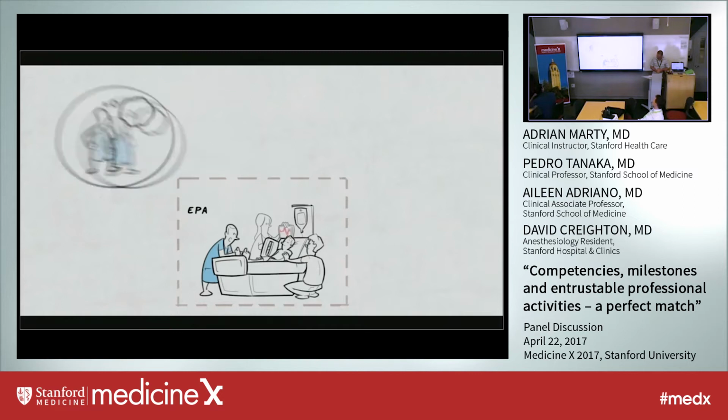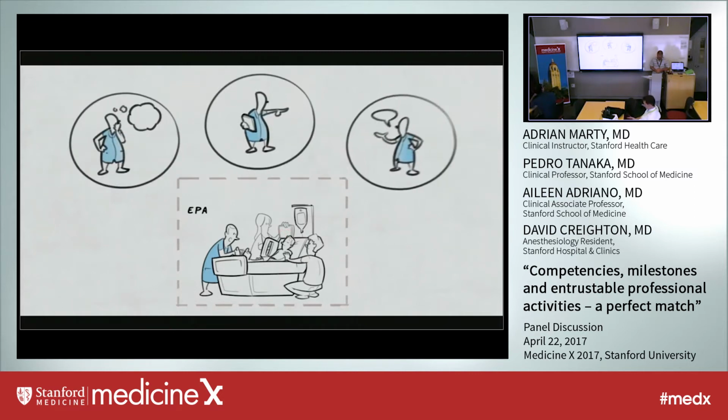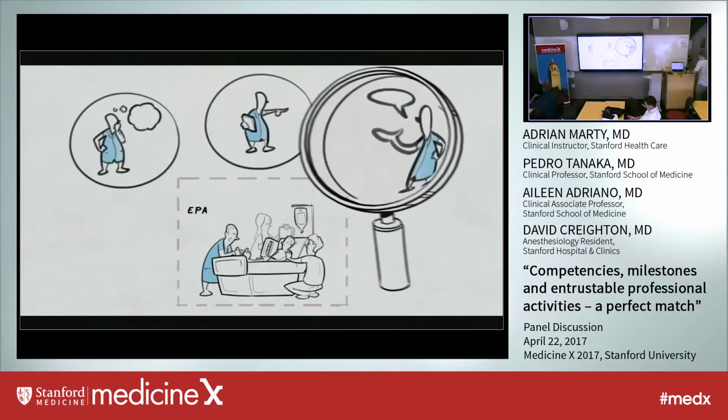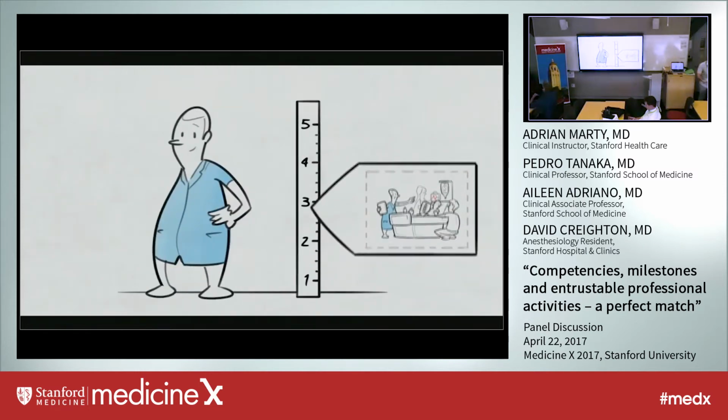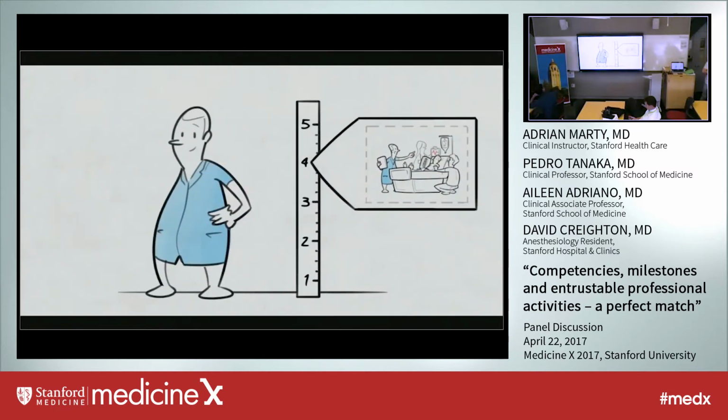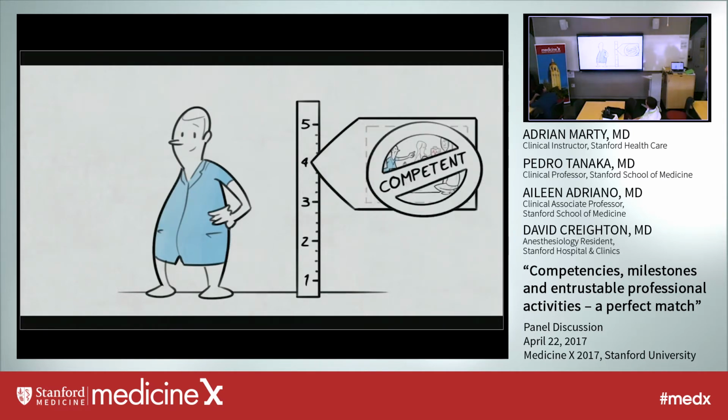This describes the knowledge, skills, attitude and behaviour that are important in the execution of the EPA, and which tools can be used to assess this. If the resident is able to perform the EPA at level 4, which means with distant supervision, a summative entrustment decision can be made. In this animation, we will explain how the summative entrustment decision-making works.